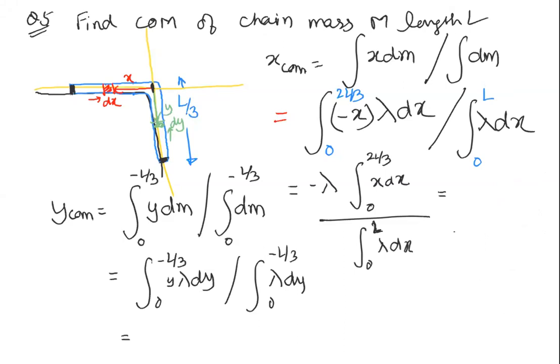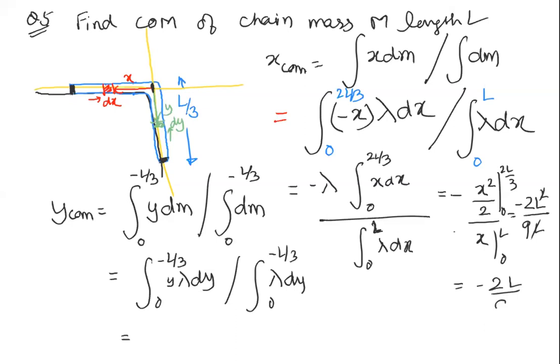So we'll get minus x square by 2 divided by x, 0 to 2L by 3, 0 to L. This is equal to minus 2L square by 9L. 9 आएगा 6. This will be minus 12 by 9. And here also it will not be 0.